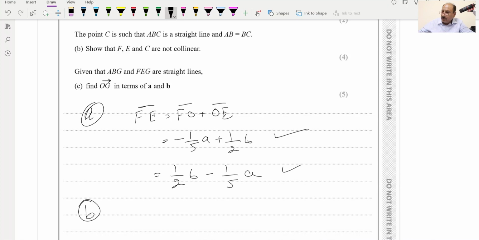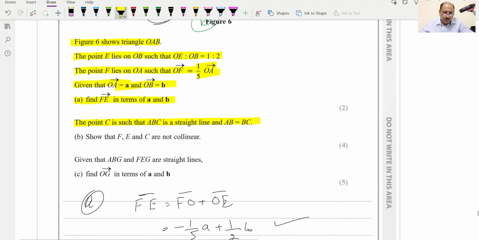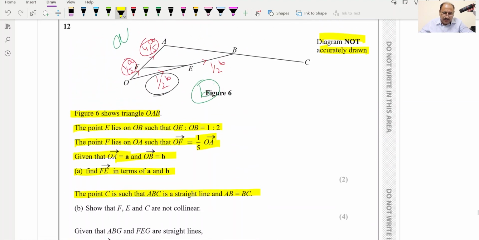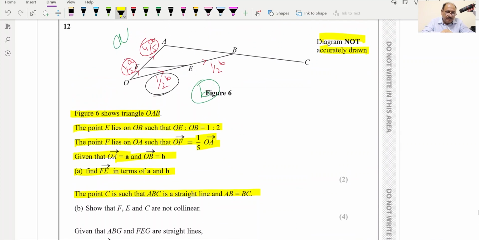Now we can move to the next, the b part, which says the point C is such that ABC is a straight line and AB is equal to BC. Now AB is this, so AB will be minus a plus b, or b minus a.